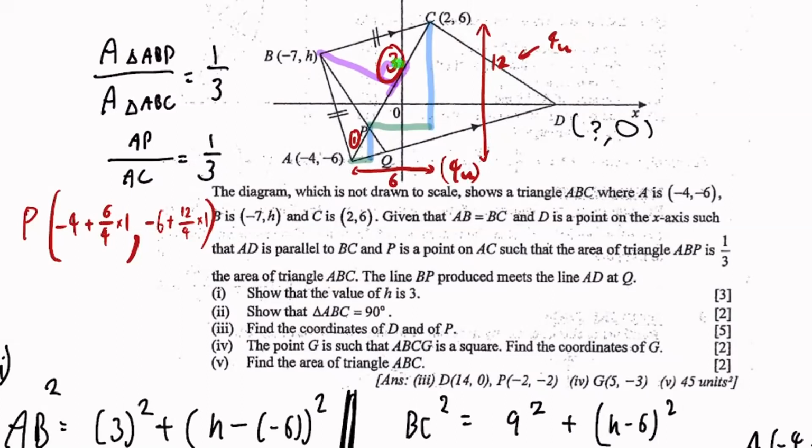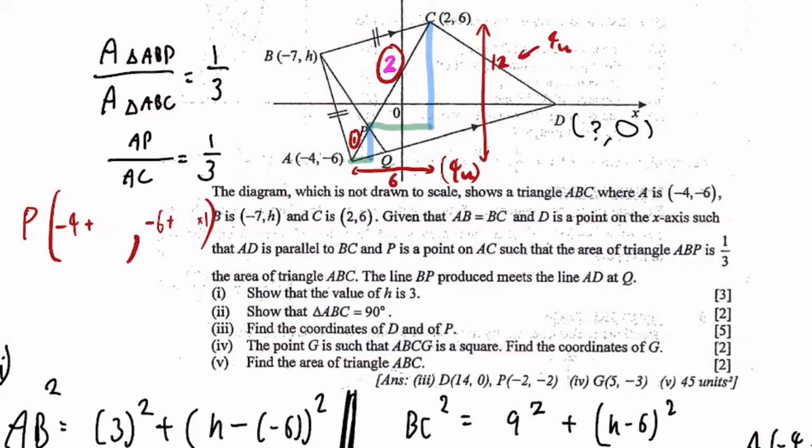This is not 3. It's 2. Should be 2. Sorry. Yes, because ABC is the entire length. So it's AP, that's 1 unit, AC, that's 3 units. So we are not interested in AC, the entire thing. We are only interested in PC, which is 3 minus 1, 2 units. Sorry. Yeah. So here we do again.